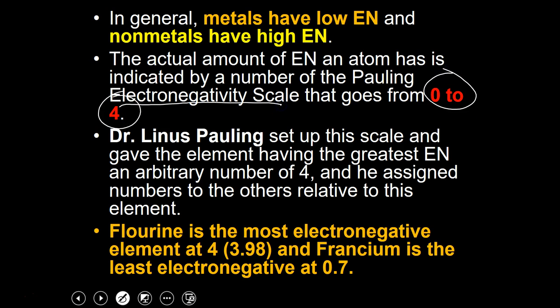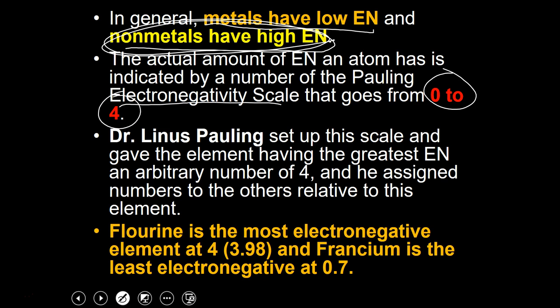That's the electronegativity scale. Again, metals in general have low electronegativity because they don't want to gain an electron. They want to lose it. That's what being a metal is. In general, nonmetals have high electronegativities because that's the definition of nonmetal. They want to gain electrons.